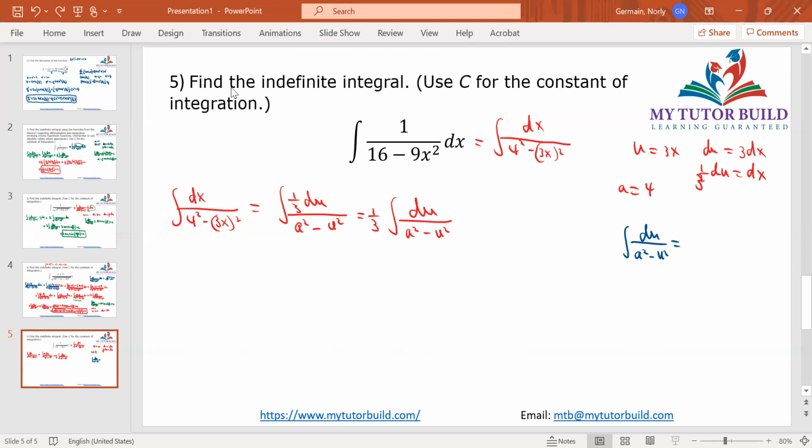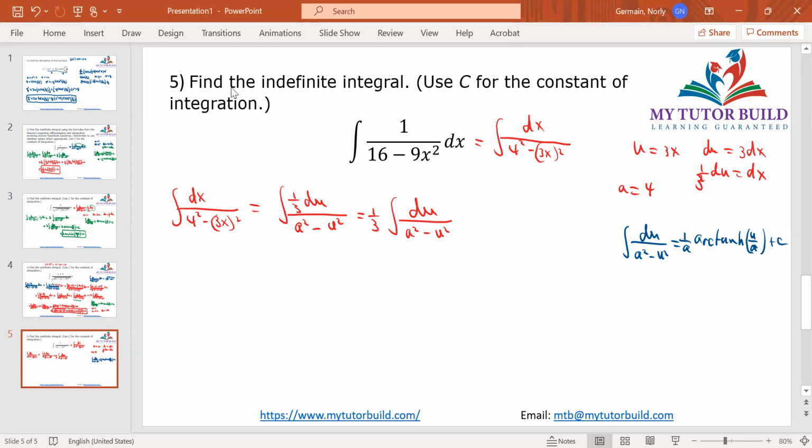All right, so that's what we're going to do in this case. So we're going to use the arc tangent, or with it, it gives us 1 over a arc hyperbolic tangent u over a plus c.